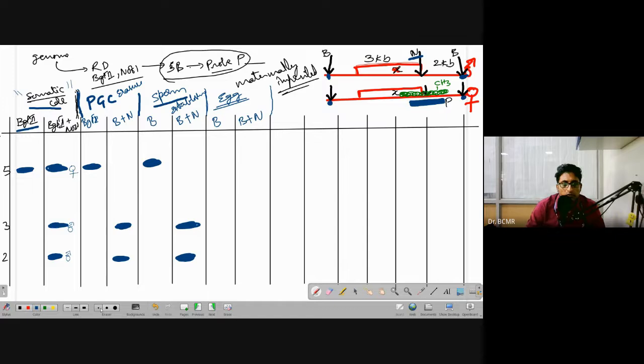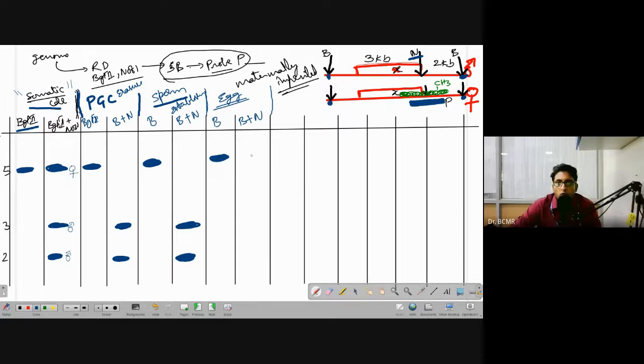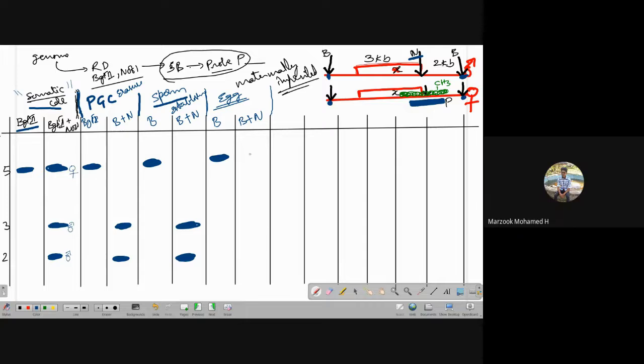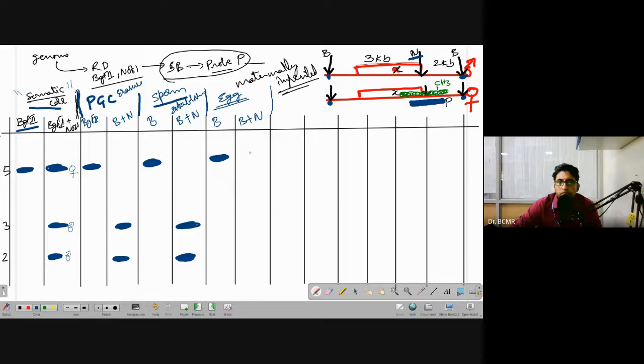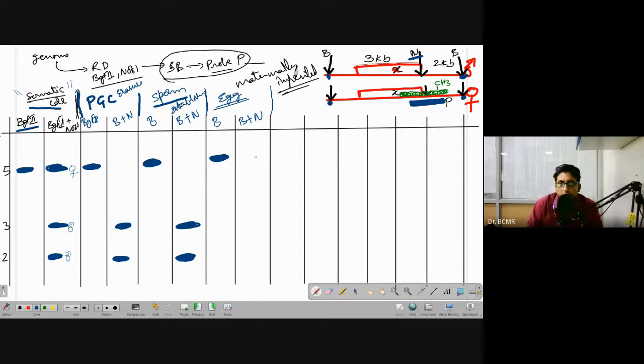So we don't have to really speak about BGL2. Then NotI, what would the kb fragment be? Why is that? Because it is maternally imprinted. NotI cannot do its endonuclease activity, it cannot cleave the DNA.